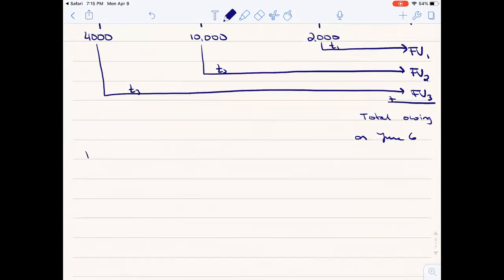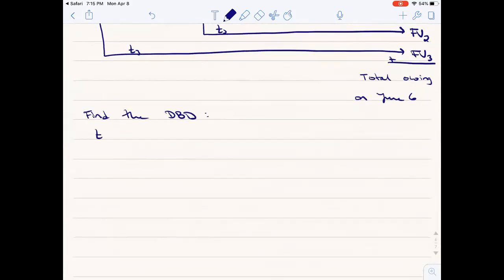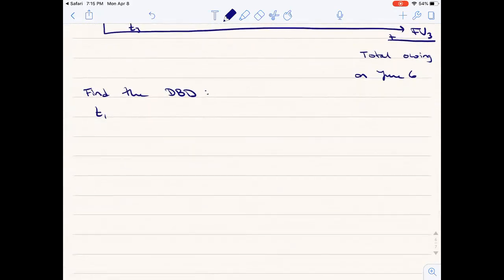And so find the days between dates. So T1, remember the format for the days between dates function? It's month, month, dot, day, day, year, year.